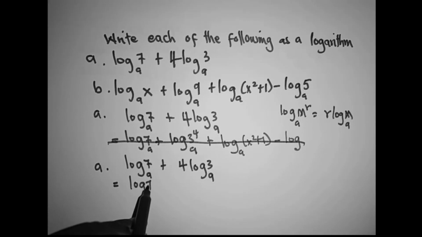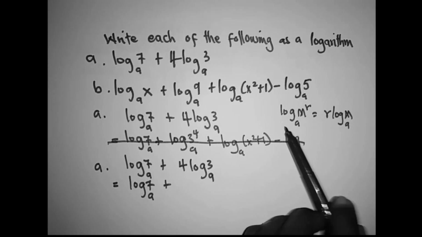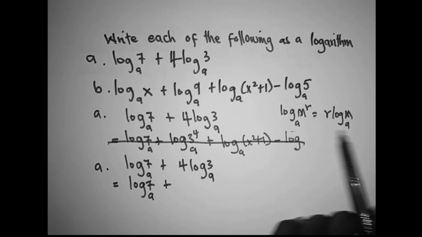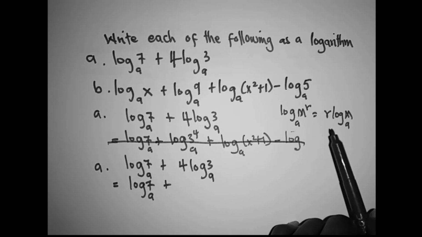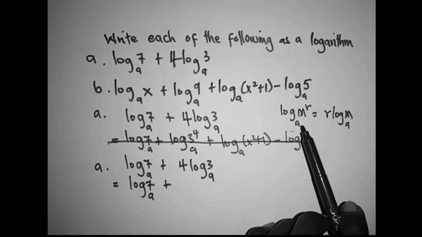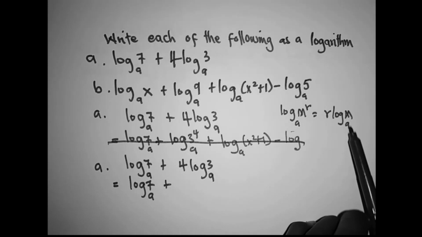log 7 base a plus, using this identity, or let's say using this formula, see that log m exponent r base a is equal to r log m base a, and the opposite is also true.